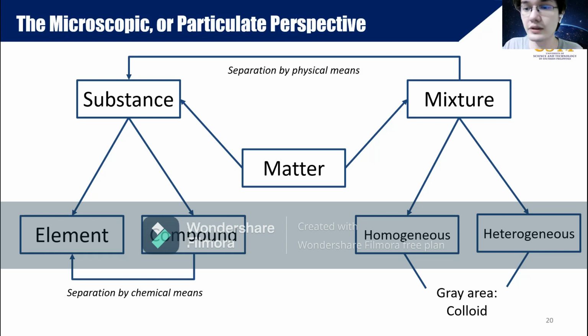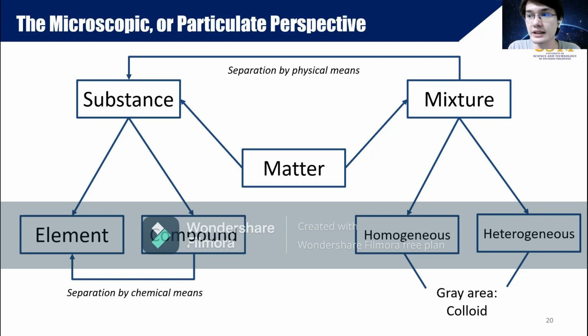Under mixture, we also have two categories, which are the homogeneous and heterogeneous mixture. Homogeneous, I think we are already familiar with it, which is where the composition of the mixture is the same throughout.